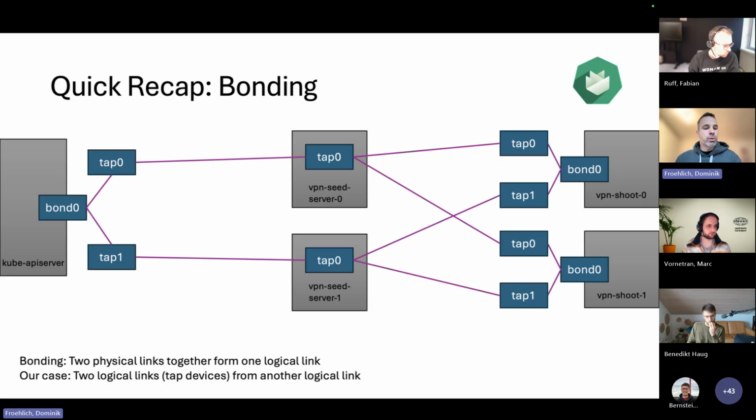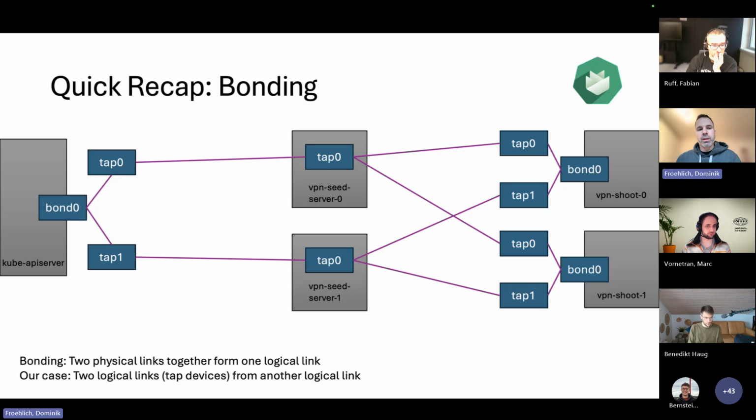A quick recap, maybe a refresher, on what bonding is. Bonding is a feature of the Linux kernel that allows you to link 2 physical devices together and form one logical device that you can then use as if it were a network interface.